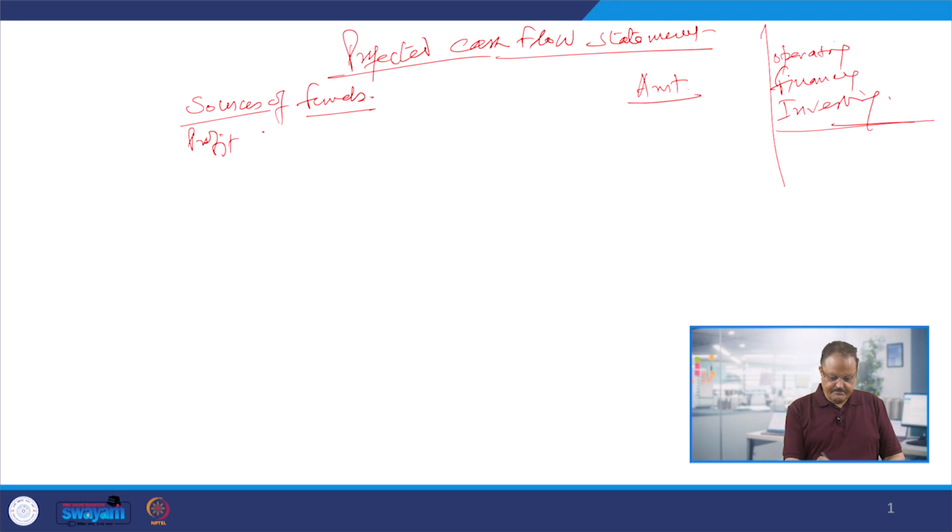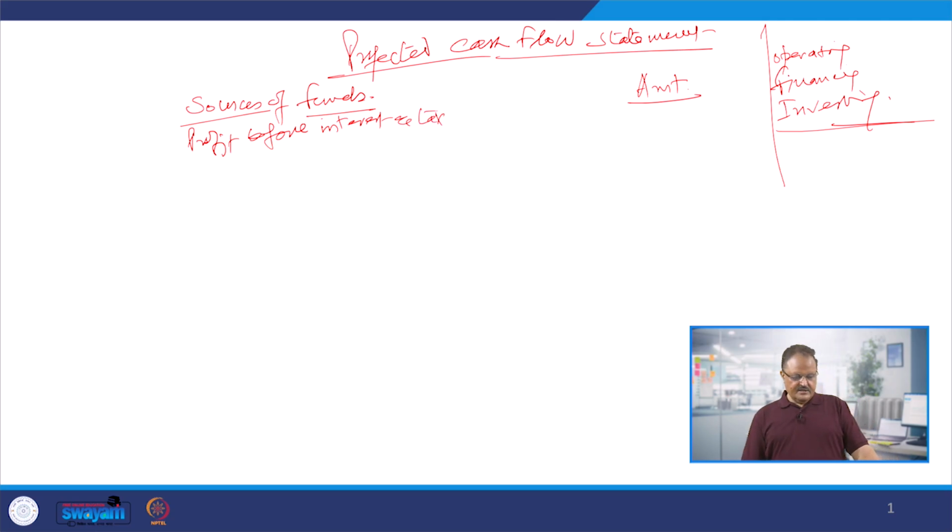So it is called the profit before interest and tax. So it means we have got this profit before interest and tax.